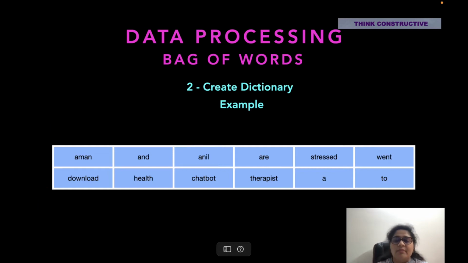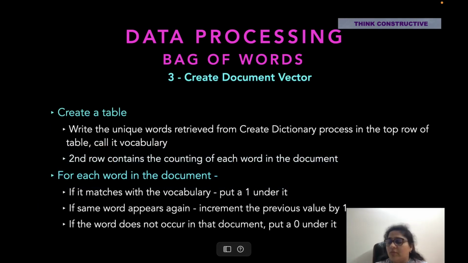Now the next step: create document vector. What do we actually mean by document vector? It will be the table of unique words which we have got from the dictionary, and then the counting of each word in the document. The output of that is called document vector. That means first, for creating a document vector, what should I do? Let us learn that first. I will create a table.